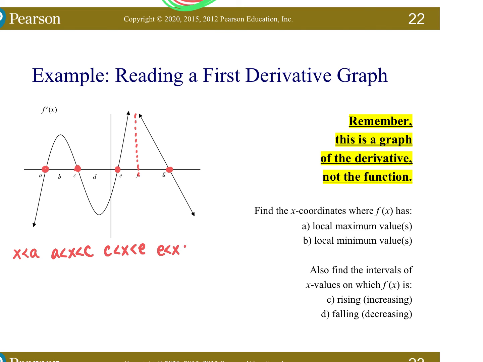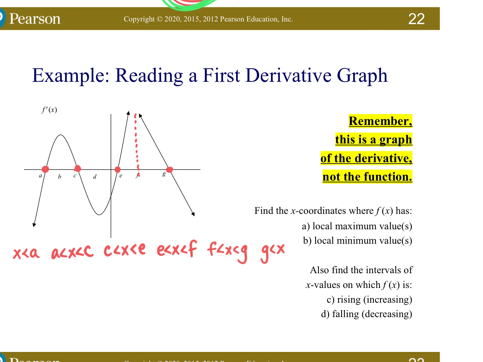E to F, F is important. F to G, and greater than G. Notice I left out B and I left out D. Not important. They're there to distract you. They're decoys. Those are not important.